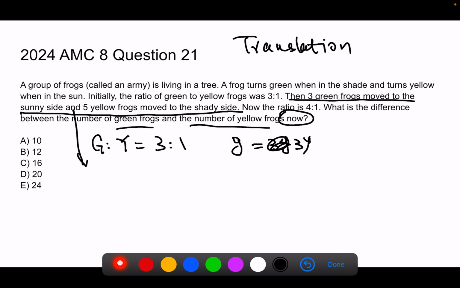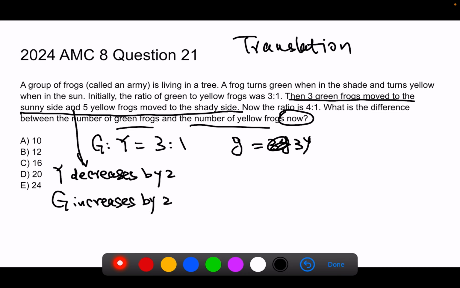Well, you get 3 new yellows, but you lose 5 previous yellow ones. So yellow decreases by 2. And green increases by 2. That's a key for you to translate this sentence into a math equation.